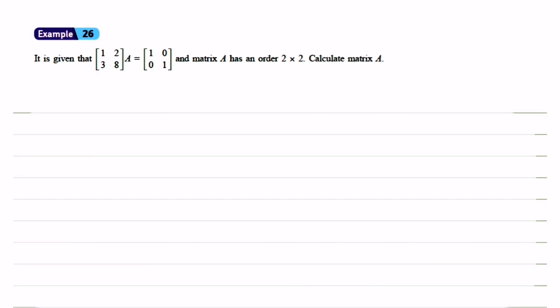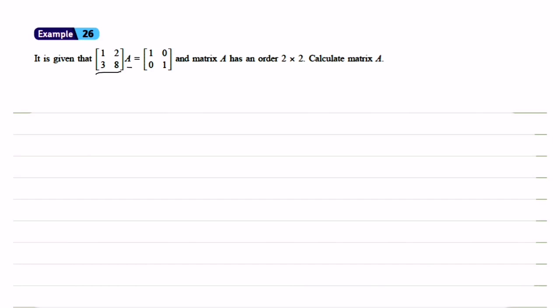Now, example 26. It is given that 1, 2, 3, 8 times matrix A equals identity matrix, and matrix A has an order 2 by 2. Calculate matrix A. Since the product of 1, 2, 3, 8 with matrix A is an identity matrix, hence A is an inverse matrix of 1, 2, 3, 8.